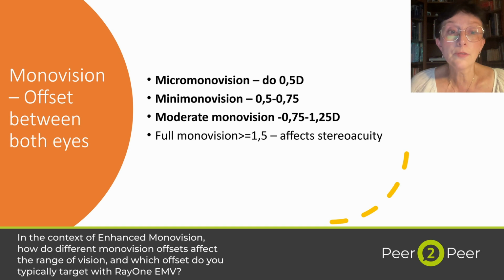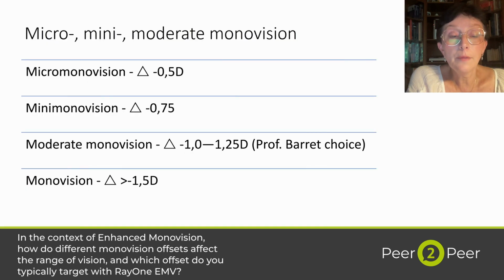But of course, for these settings, we usually need, first of all, to know which eye is dominant, but I would like to talk about eye dominance evaluation in my next question.